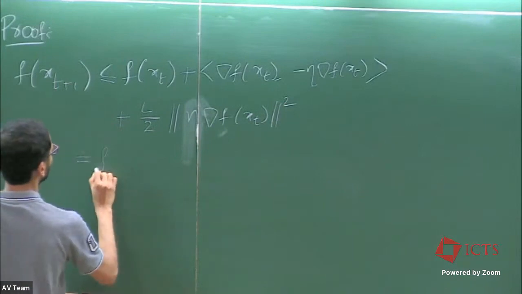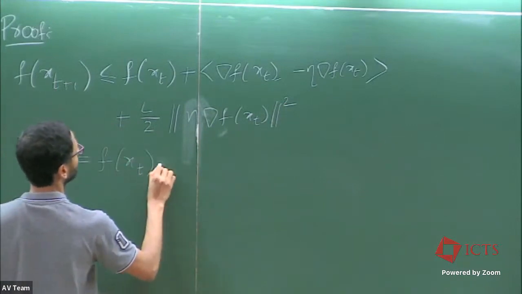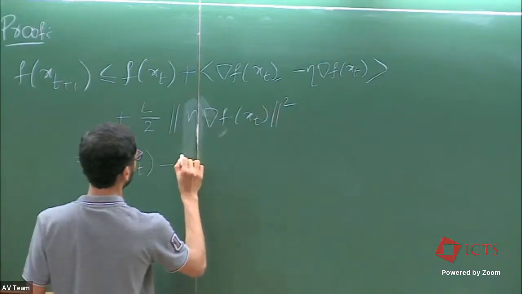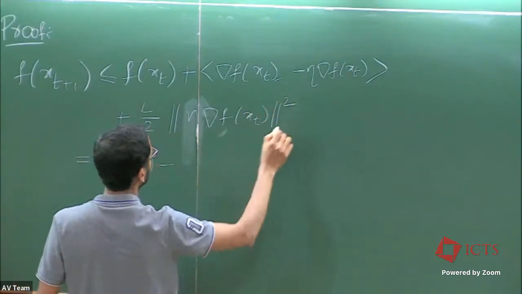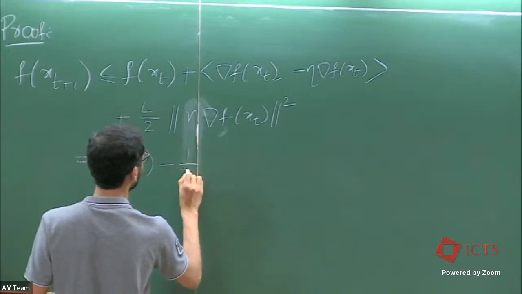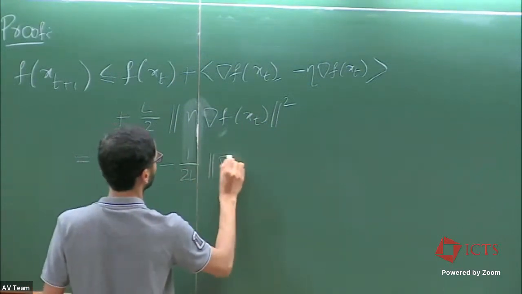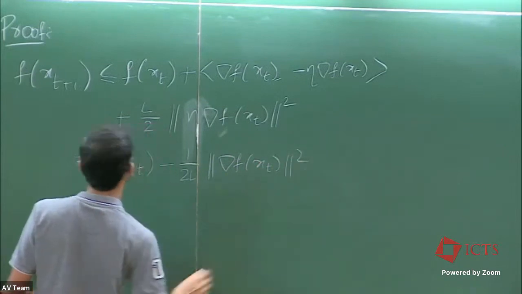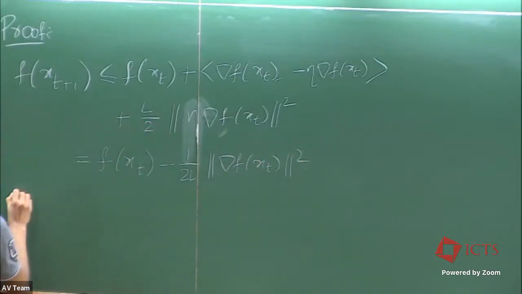And this is nothing but equal to f of xt minus, so we substitute eta equal to 1 over L, so we'll get 1 over 2L times norm grad f of xt square. Okay. Now we take a telescopic sum and average.